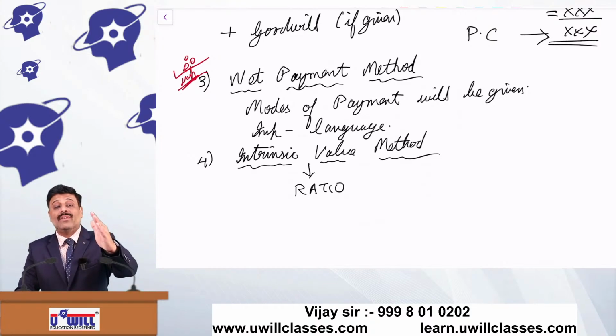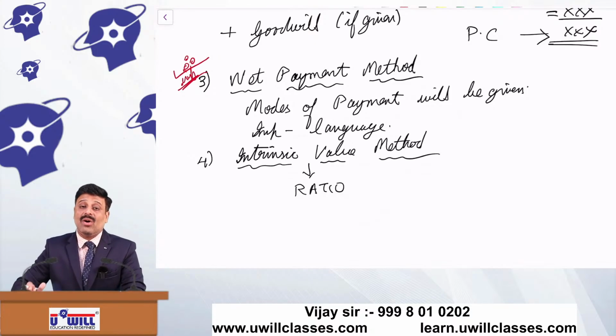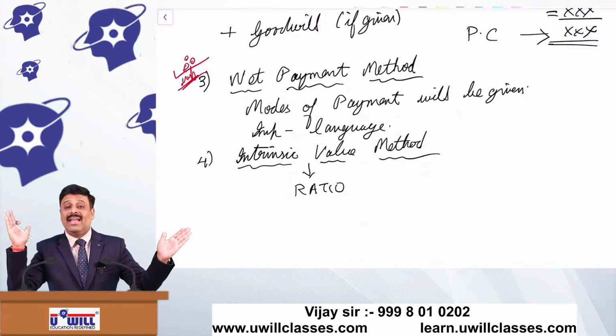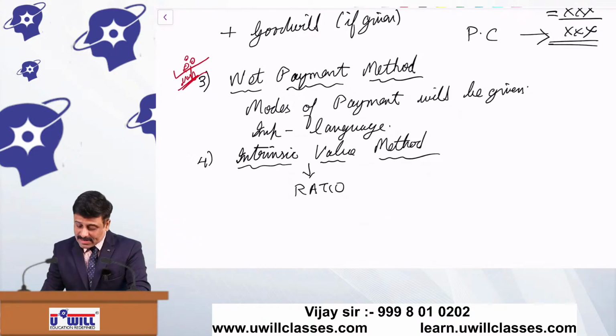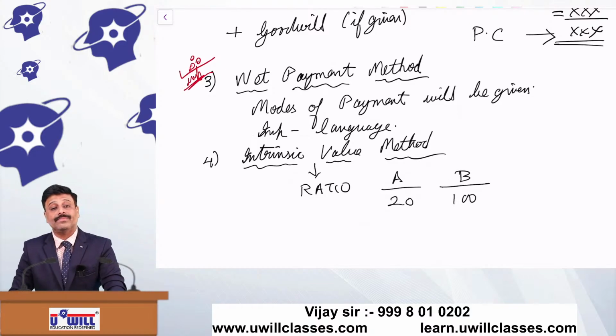Suppose the value of one company's shares, A Limited, is 20 rupees, and the value of B Limited's shares is 100 rupees. Now, because B Limited is taken over by A Limited, see, A Limited's share value is 20. B Limited's share value is 100.